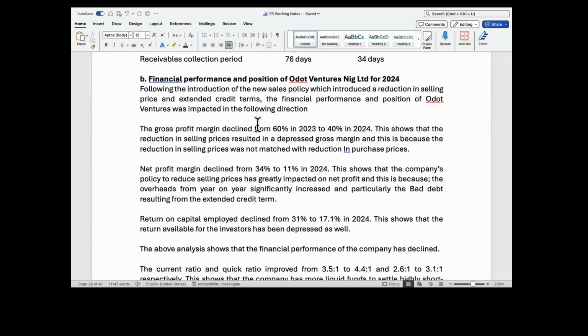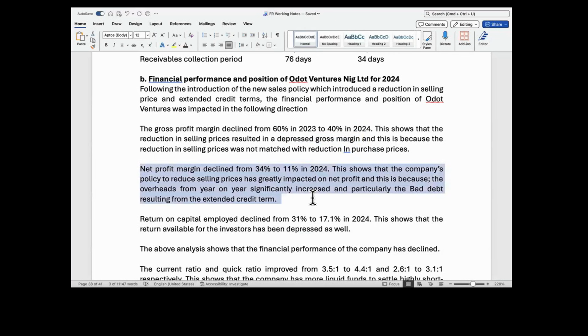So I saw that the gross profit margin decreased. I told them it declined, and I told them what it shows, because they reduced selling price. That was what depressed the gross profit margin, and that's because they didn't match the reduction with a reduction in purchase price.